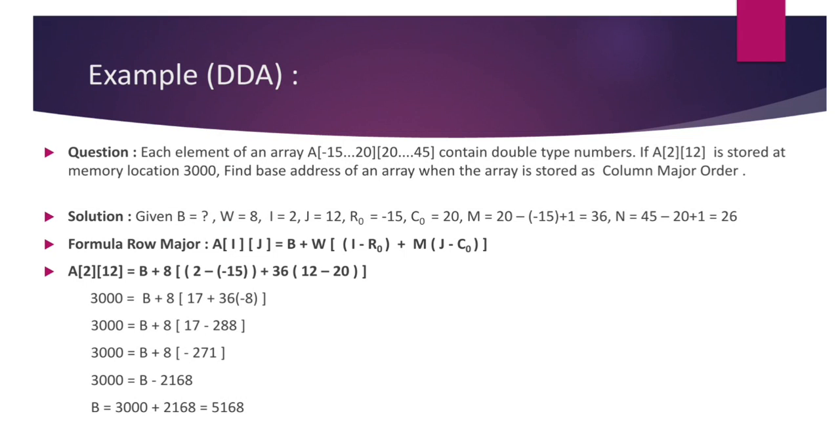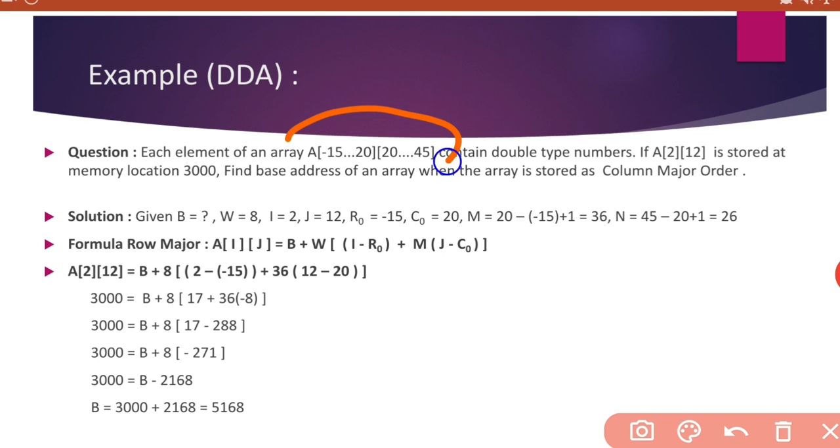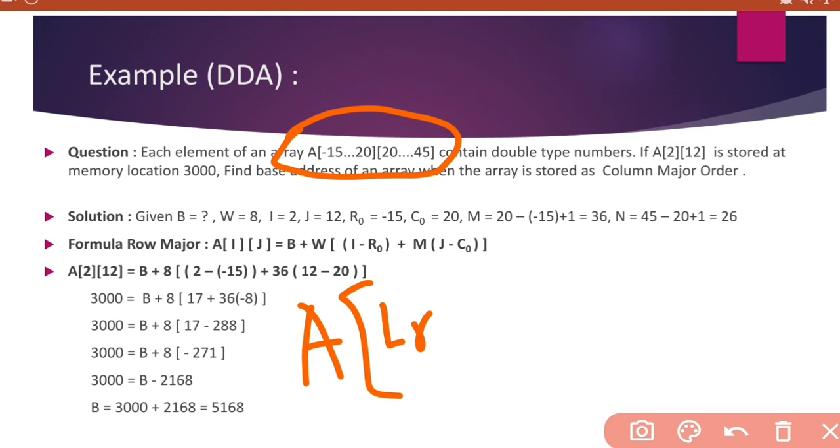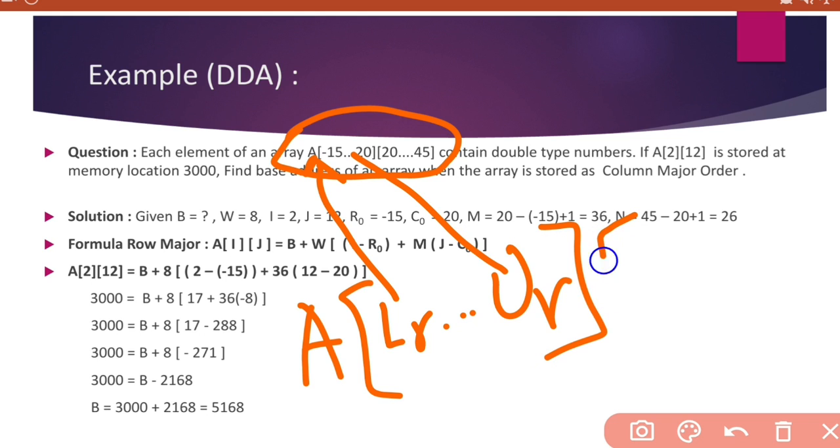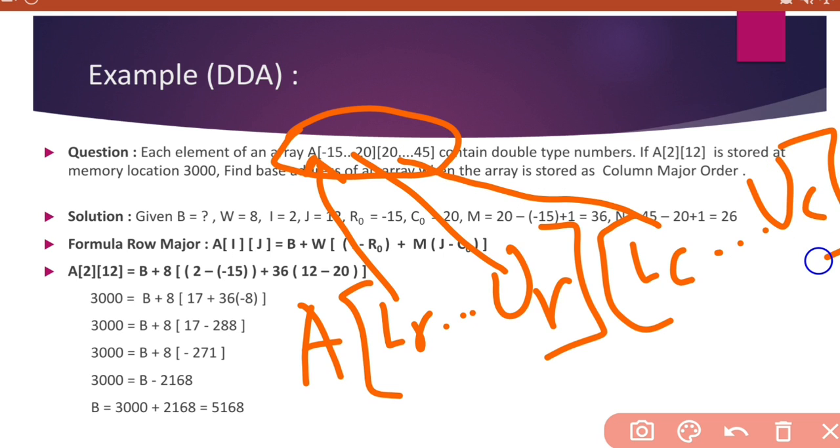And see, I'm moving on now. See, we have the next orientation of array in another question. We have a different question in front of us. In this, see the orientation of array: we have a lower row, that is minus 15, and then we have an upper row, that is 20, and then we have a lower column, that is 20, and then we have an upper column, that is 45.